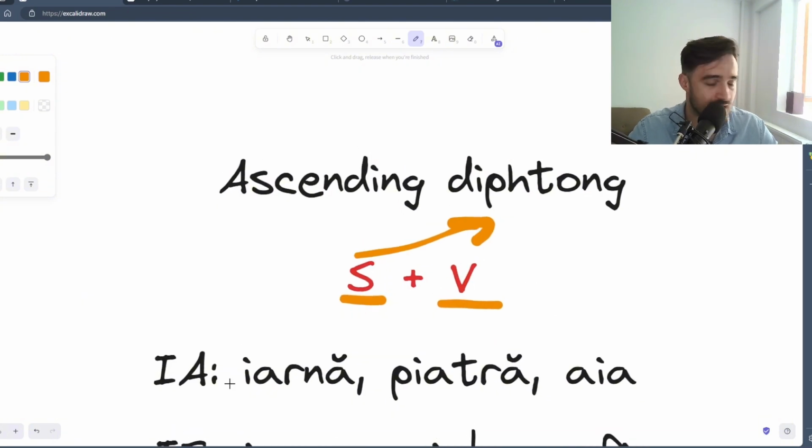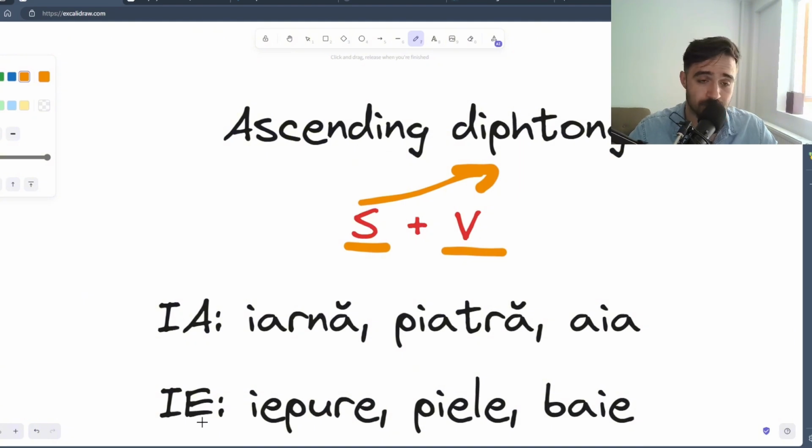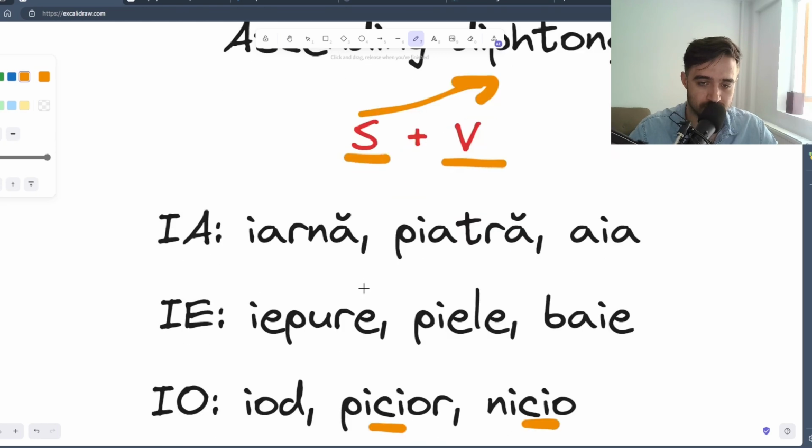First we have ia: iarnă, piatră, aia. Then we get ie: iepure, piele, baie. See how the sound goes up. Then io: iod, picior, nicio.